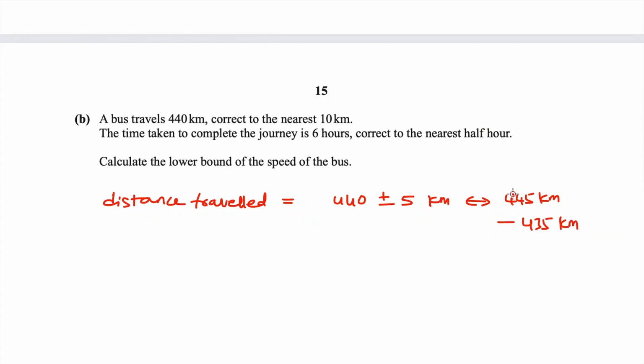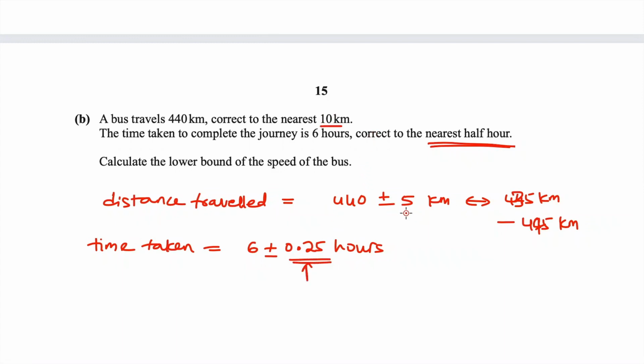Now, the time taken would be equal to, since it is correct to the nearest half hour, 6 plus or minus 0.25 hours. Why 0.25? This is half of half. Here it is nearest 10 kilometers, so this is half of 10, which is 5. And here it is nearest half hour, so half of half is 0.25. So it is from 5.75 to 6.25 hours.